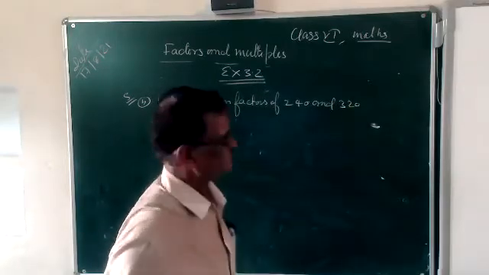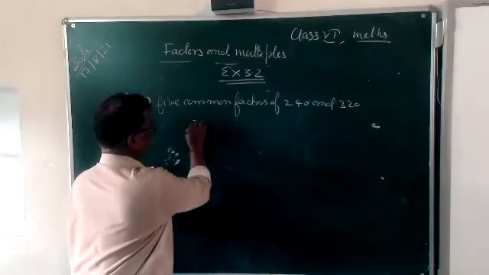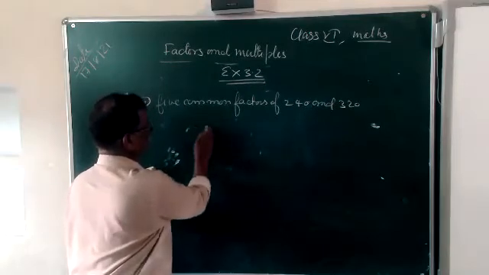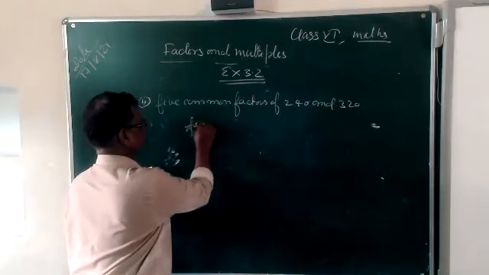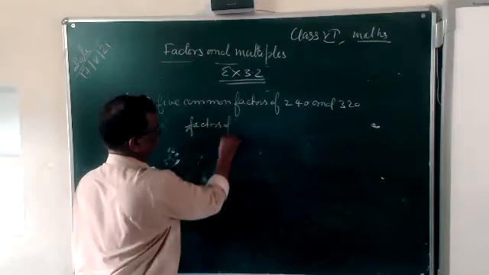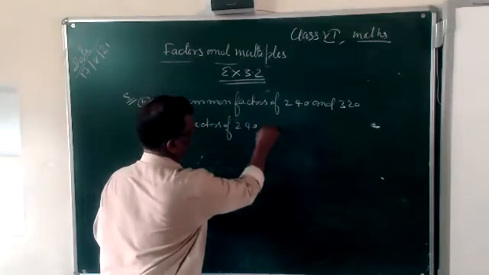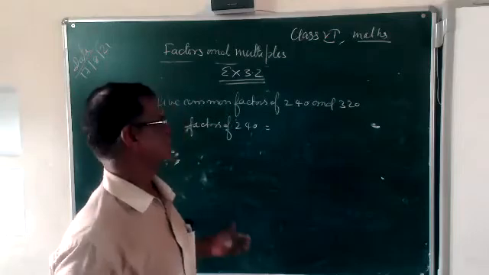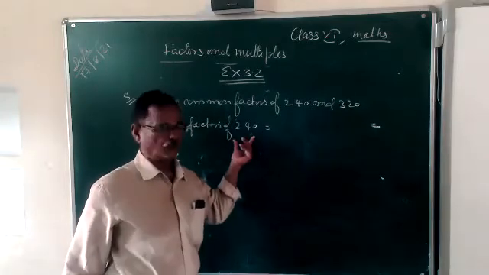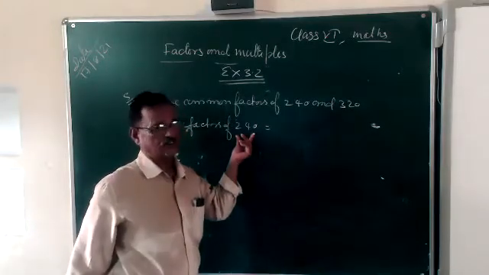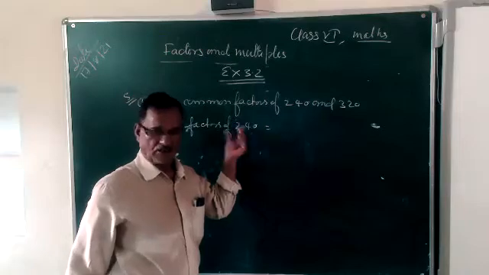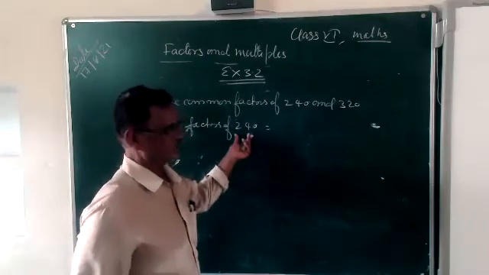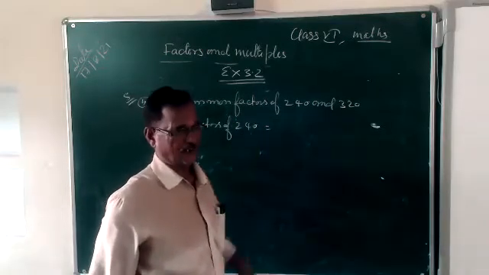This is given. Now we write the factors of 240. How can we find factors? You find the numbers which divide 240 exactly. All the numbers which divide 240 are called factors.